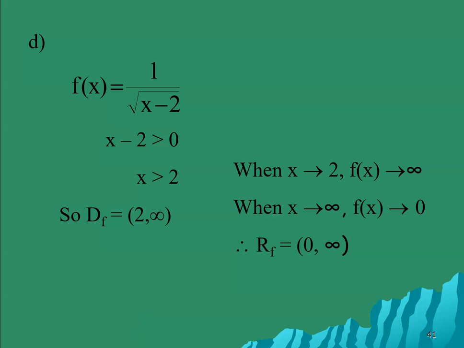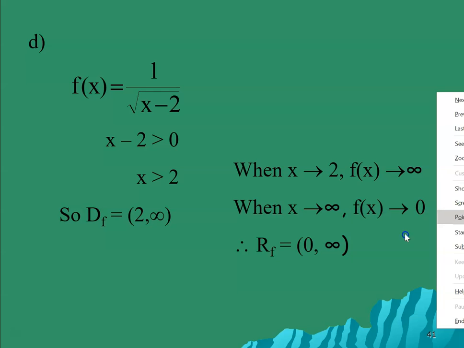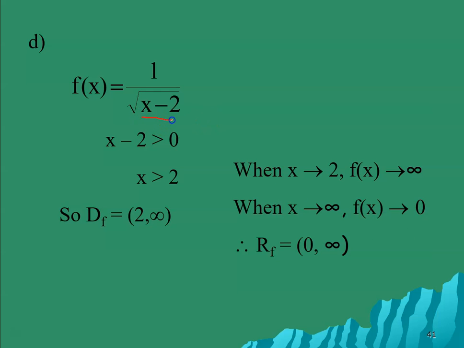And the last example, also a combination of reciprocal and a square root function, 1 over the square root. Okay, wait for a while. Over here you have x minus 2. Since this one is 1 over, or the denominator, it cannot be equal to 0.